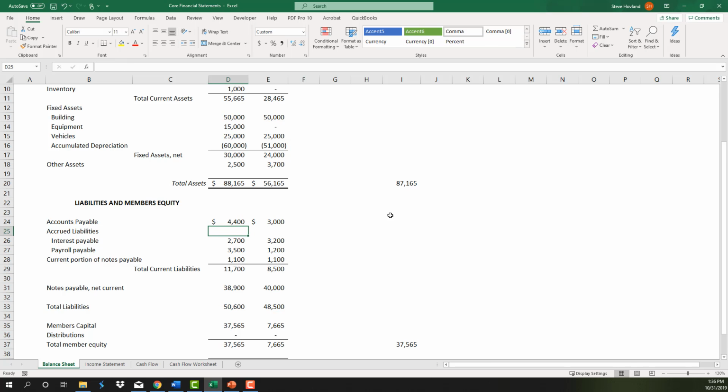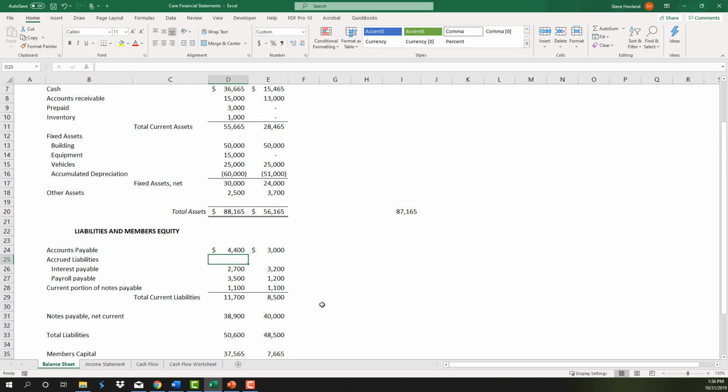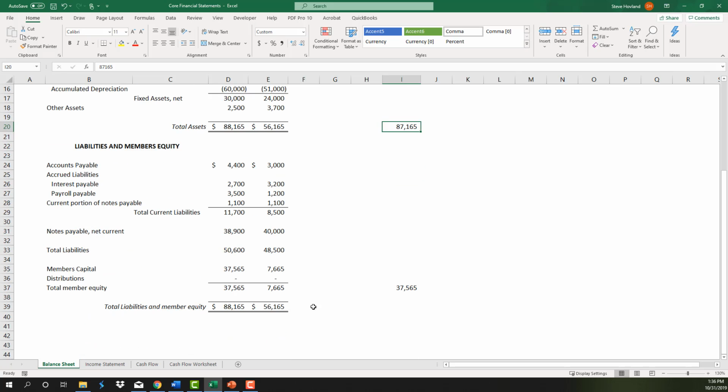Now we've entered the transaction. We ordered the product, it's in inventory, and that's as far as we've gotten so far. Our total assets went up by $1,000, our equity is still the same, and of course our total liabilities have gone up.